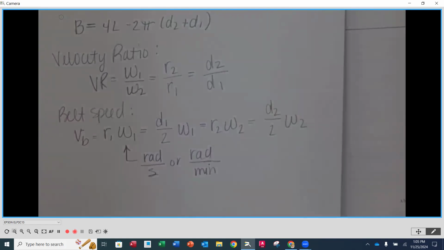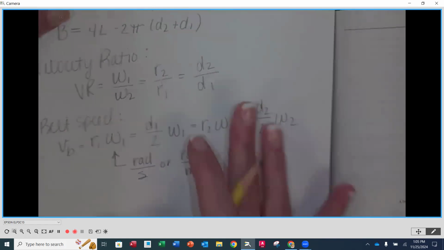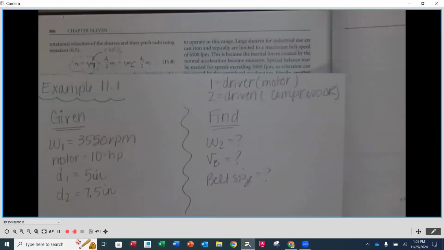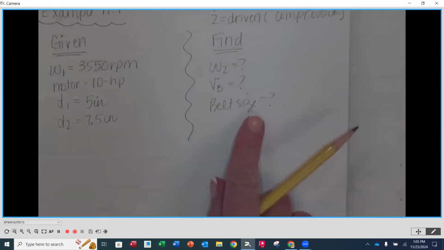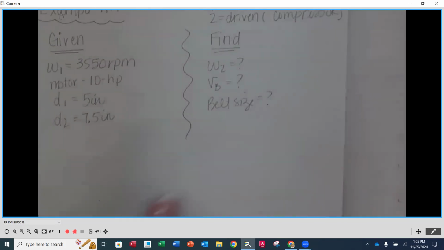All right. So using this, organizing this, now what we want to do is go back to our problem 11.1. We need to find, for instance, I'm going to start with belt size. Belt size, really not an equation here. We're going to use the given information and we're going to pick it off of the chart.